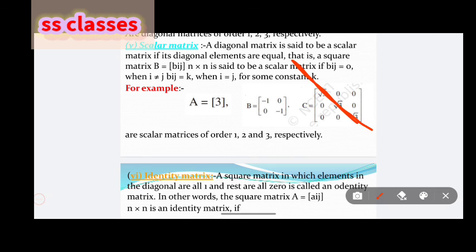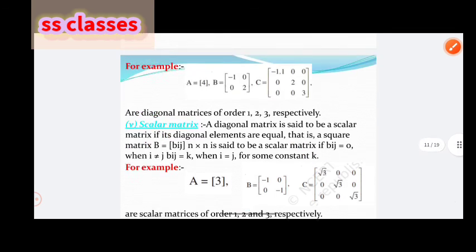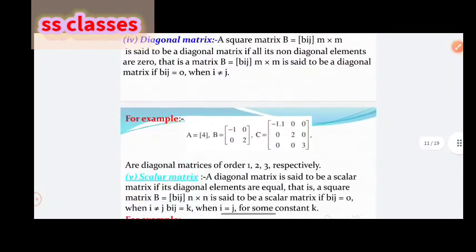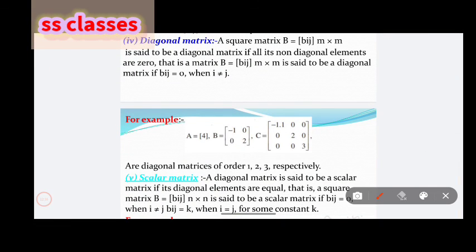A diagonal matrix has diagonal elements that are not necessarily the same.